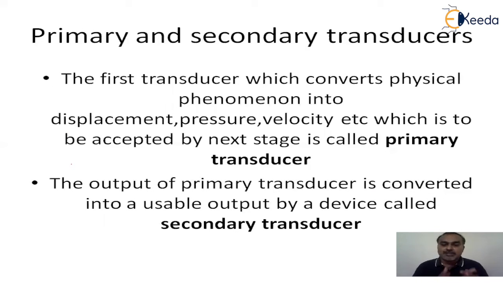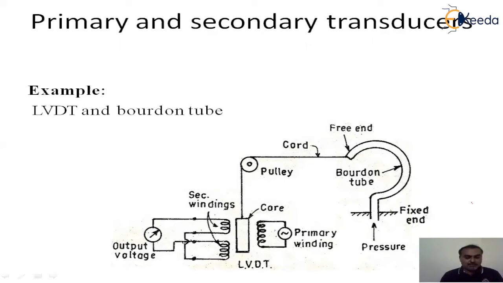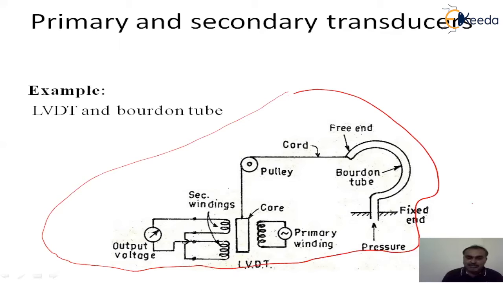I am going to explain this concept with one example, a block diagram, showing which one is the primary transducer and which one is the secondary transducer. This is a Bourdon tube.